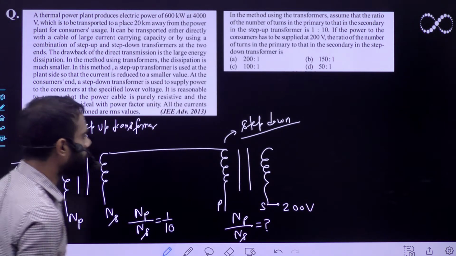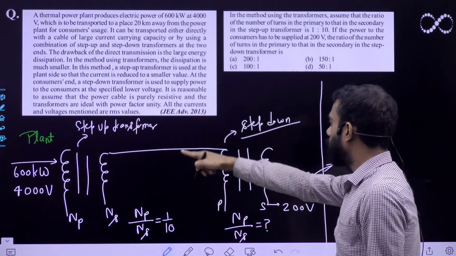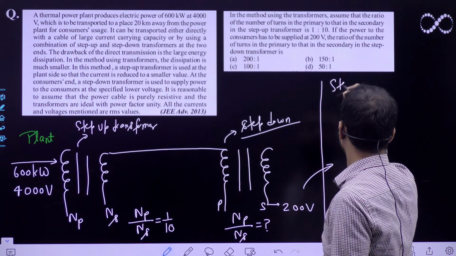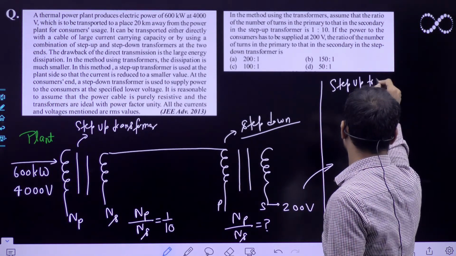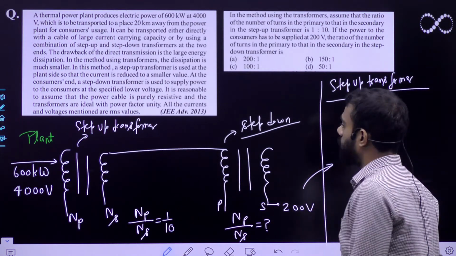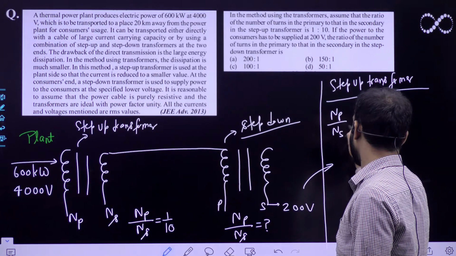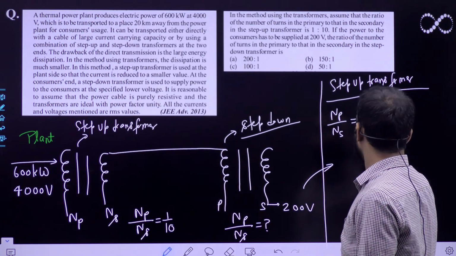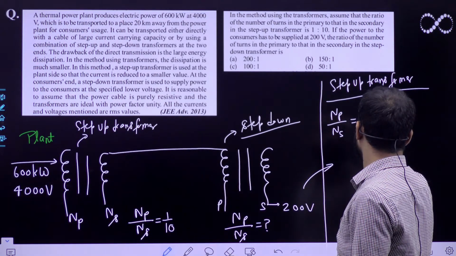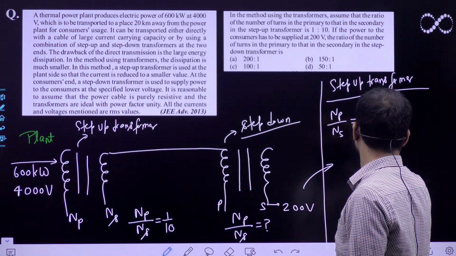As you all know, this is a very simple question. Only the figure is complicated, right? Let us write for the step up transformer. NP upon NS will be equal to EP upon ES.